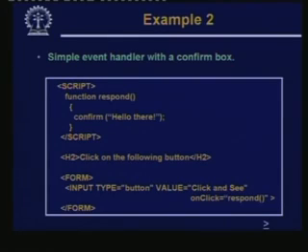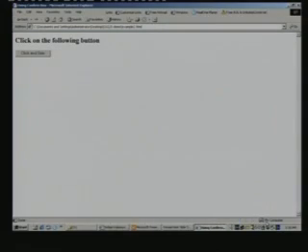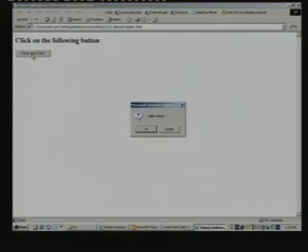Okay. So, let us see this script working. So, as you can see, when you run this program, you get this click on the following button and then a button whose label is click and see. Now, if I click on this button, you see I get a pop-up window. In this pop-up window, I get this hello there as the caption, and there are two buttons, OK and cancel.